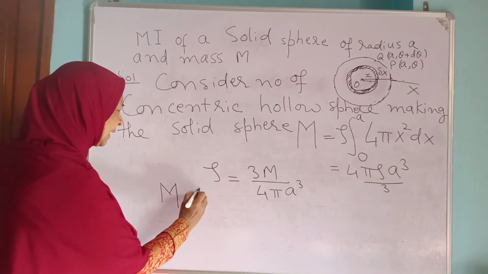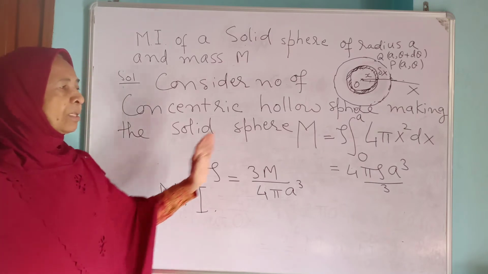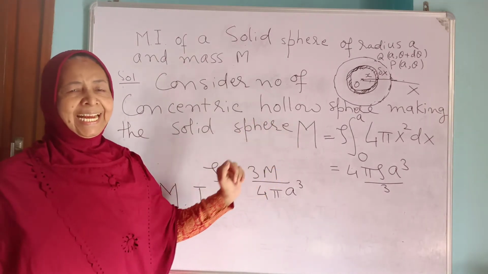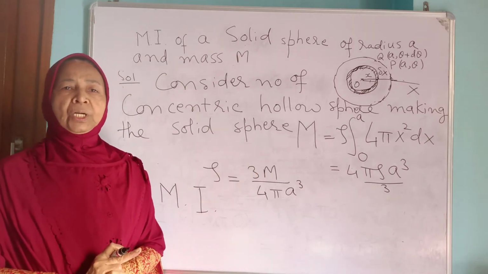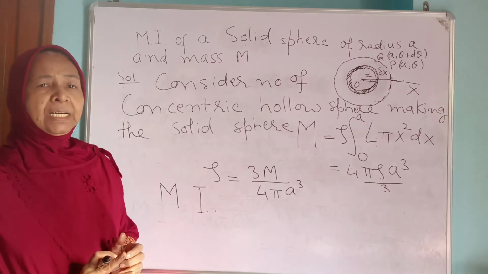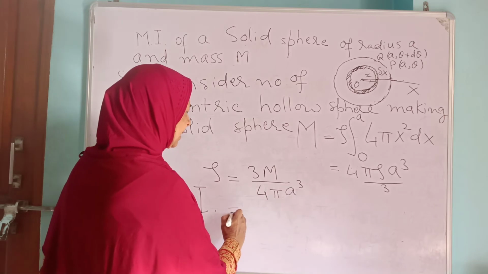Now, in this case, it is much simpler. Why? Because the integration is also very simple. Another thing is, we are making use of the result which we have done just now. That is, what is that result?